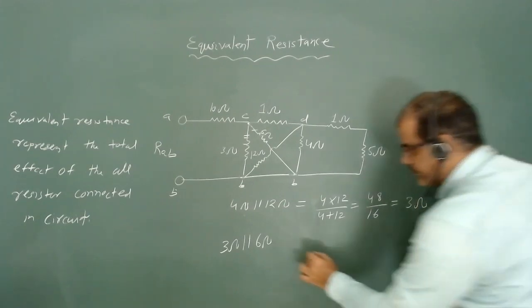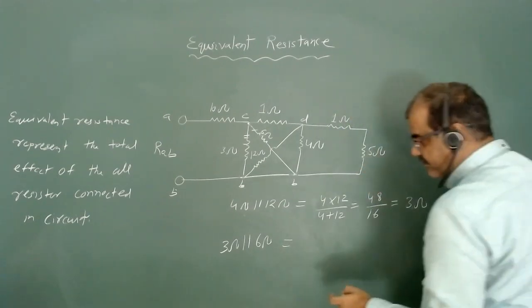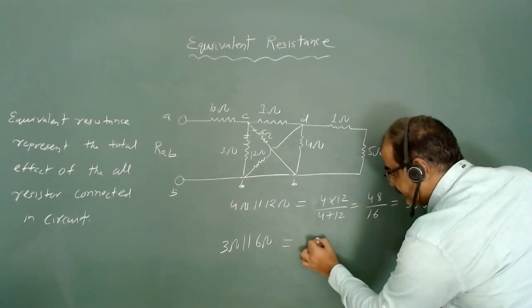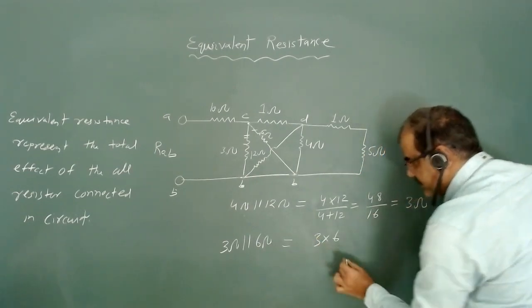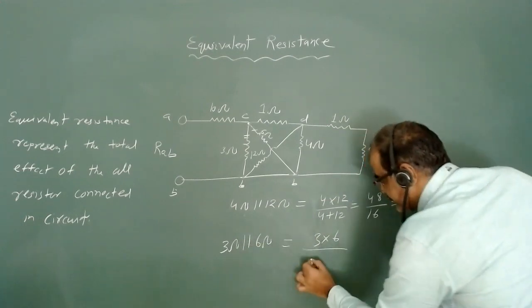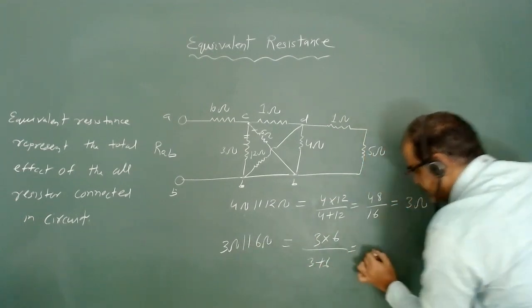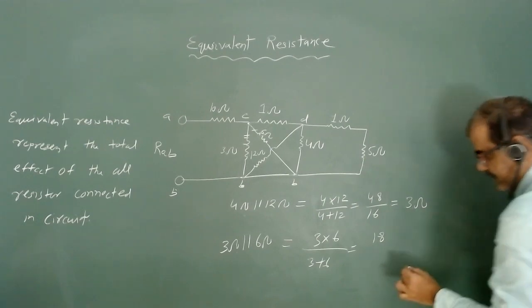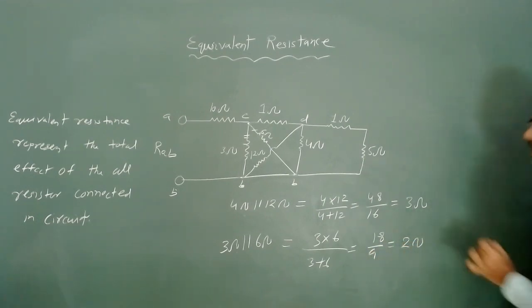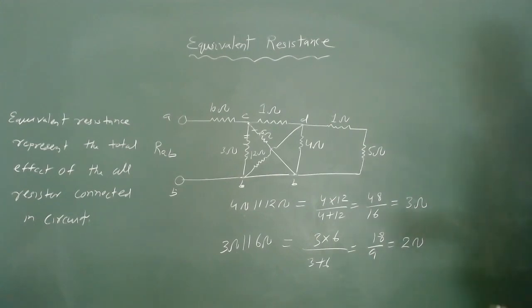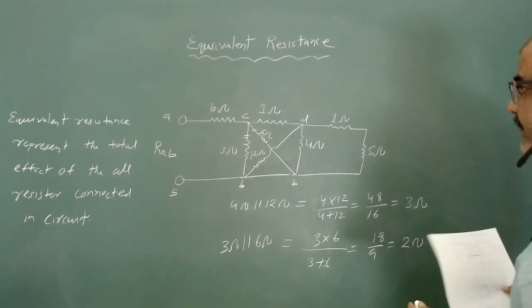Similarly, 3 parallel to 6, so 3 into 6 upon 3 plus 6, this is 18 upon 9, so total is 2 ohm. Now I can redraw this circuit once again.